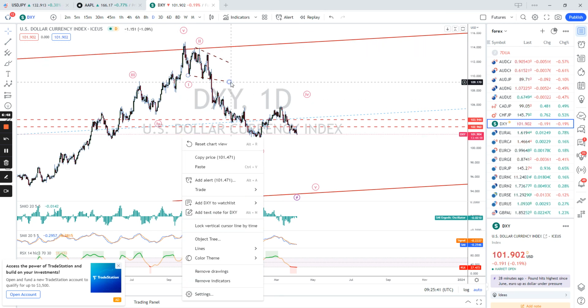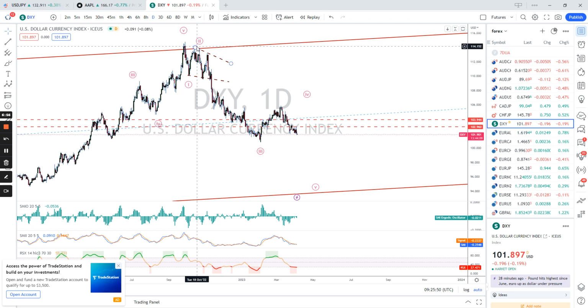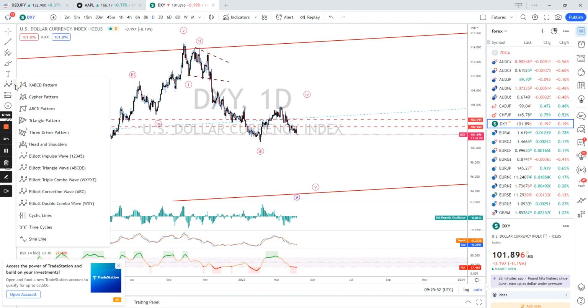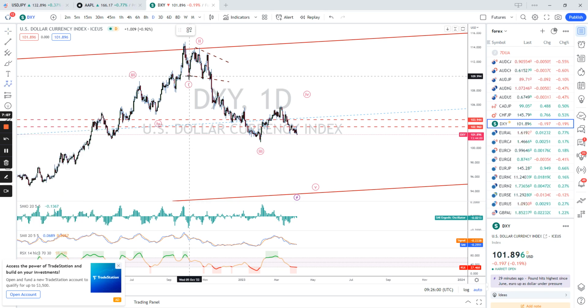This was a kind of a descending channel, not a descending triangle, sorry, not so clear, but in the form of an Elliott wave double combo wave, which we will mark like this.